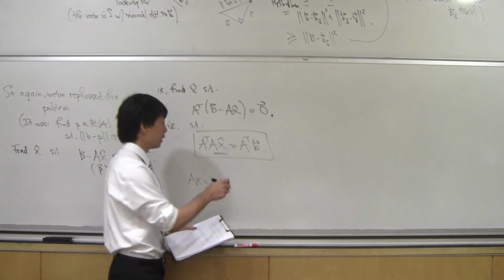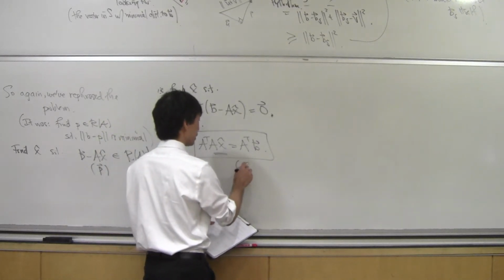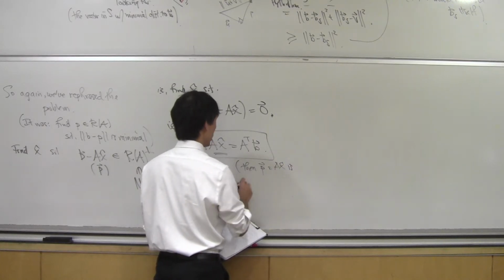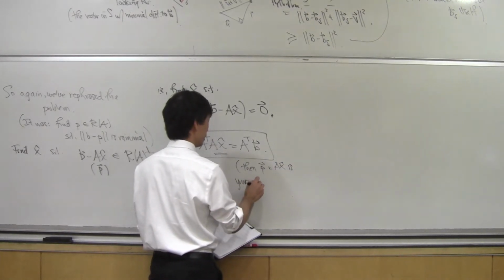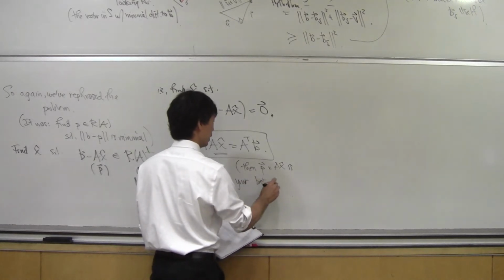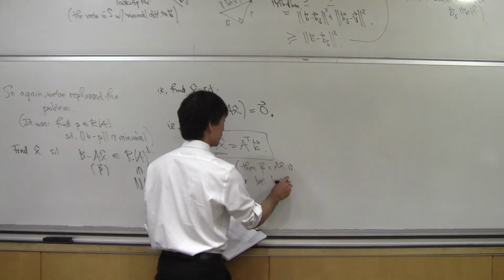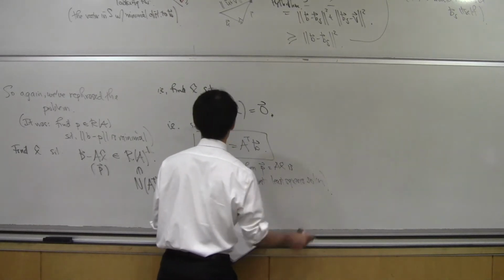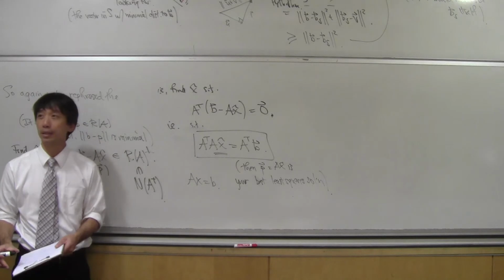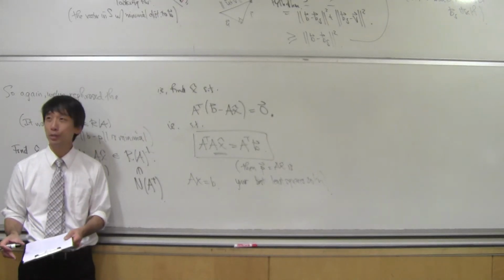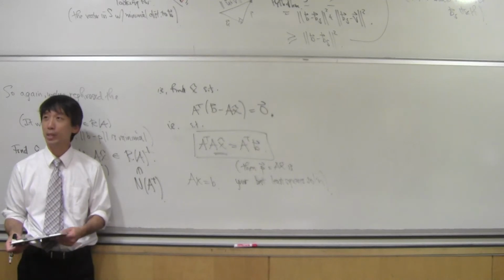Once you get it, then A x hat is your best least squares solution. It's not a true solution, but it's your least squares solution.